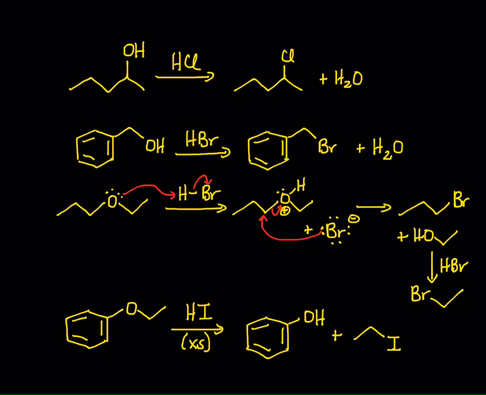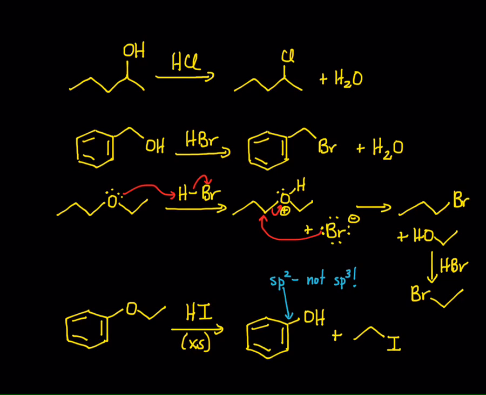No sp2 carbons or sp carbons will undergo substitution. And therefore, because the carbon on the benzene ring is sp2 hybridized, it cannot undergo substitution. And therefore, the reaction stops there. Iodide won't substitute for the OH group, and so you get phenol coming off of it.